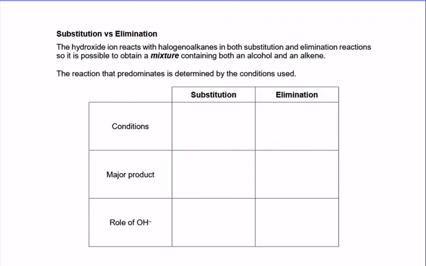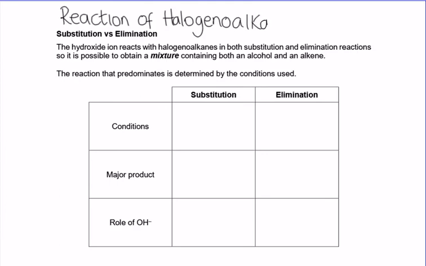So to finish off this little section, what we're going to do is compare the 2 mechanisms for reaction of a halogenoalkane with a hydroxide ion. So when we react a halogenoalkane with KOH, the product we get will depend on the conditions we use.